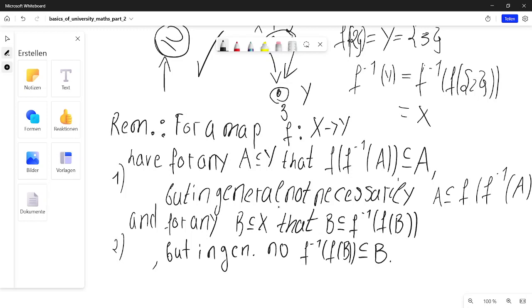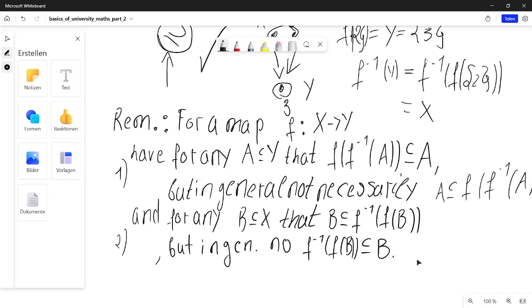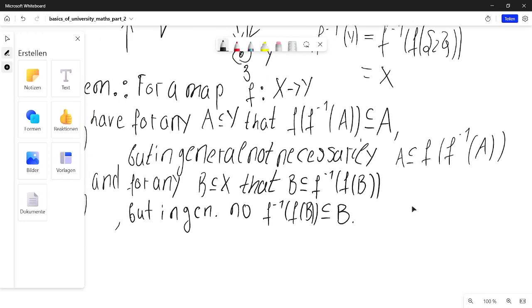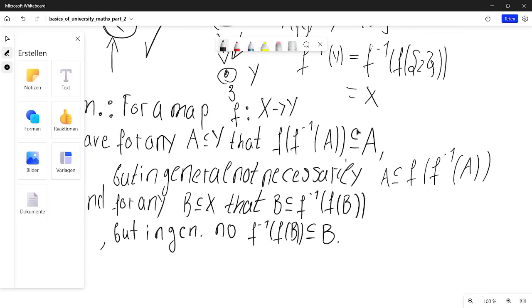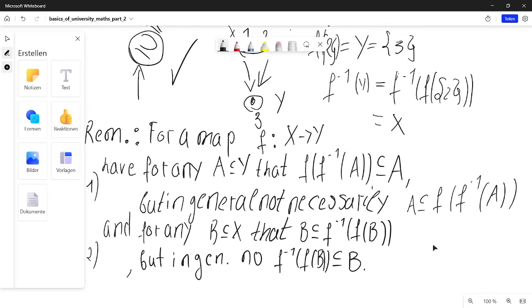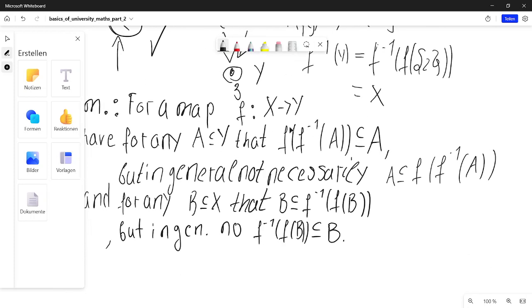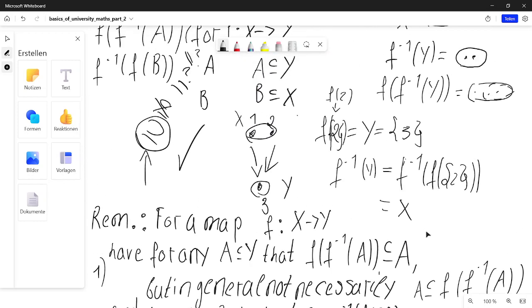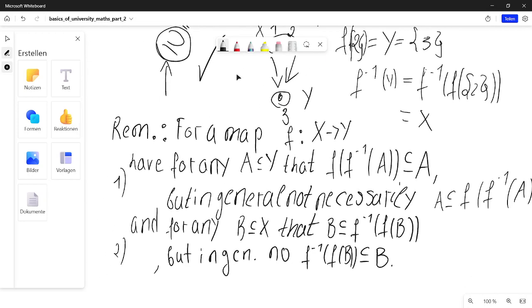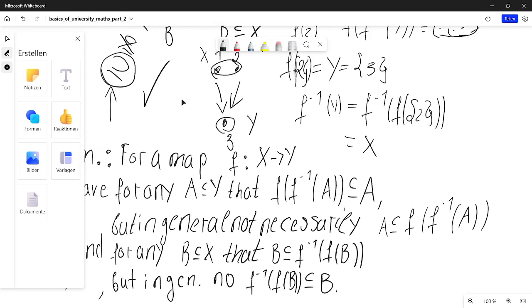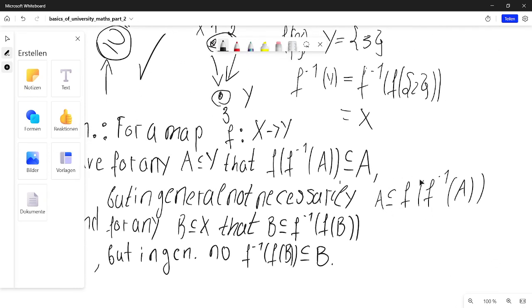Okay, now that's kind of disappointing, right? That we don't have that. We would actually like to have that. It seems to be very natural. How could that be wrong? But in general, for general maps, it seems to be wrong. I mean, it would be nice if it were true.